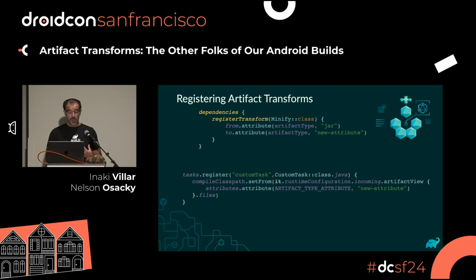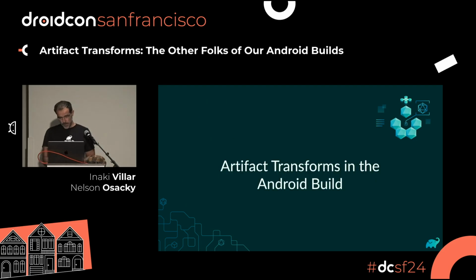So Gradle, in order to execute this task, is going to say, well, this task has these input artifacts and is requiring a new attribute. It's going to look if I have a transform registered for this combination, jar to new attribute. If not, you have a build exception with the variant dependency not found. I guess that's something typical that you have seen in your builds, right?